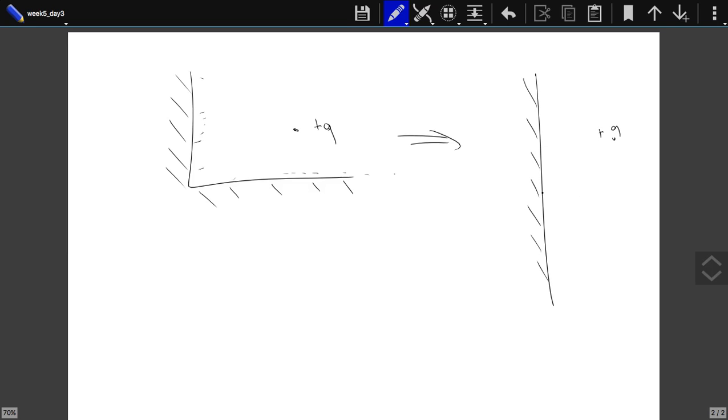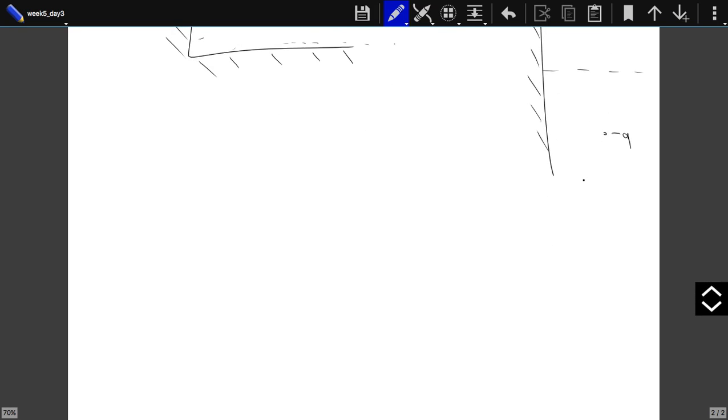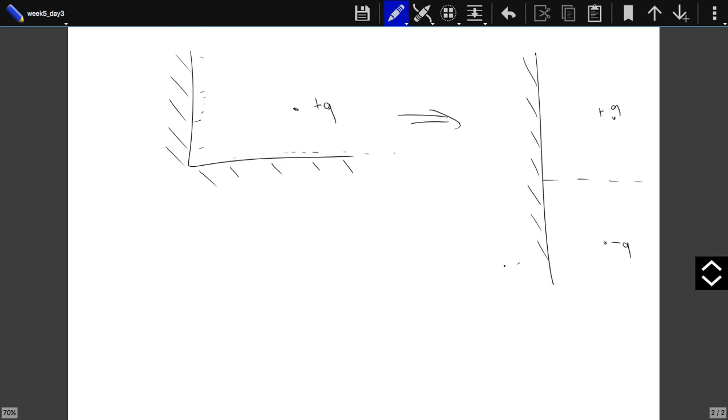with plus Q and minus Q. So we are not only taking the image of the charge, but we are also taking the image of the conductor. And furthermore, this problem of a single infinite conductor is the same as having these four charges.